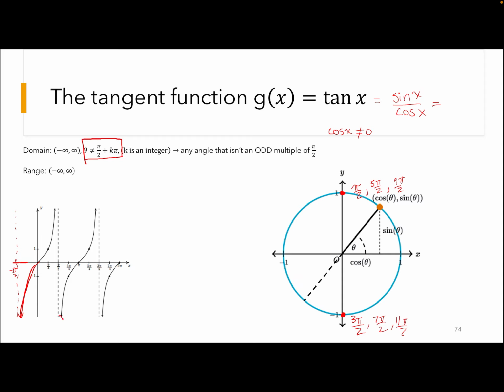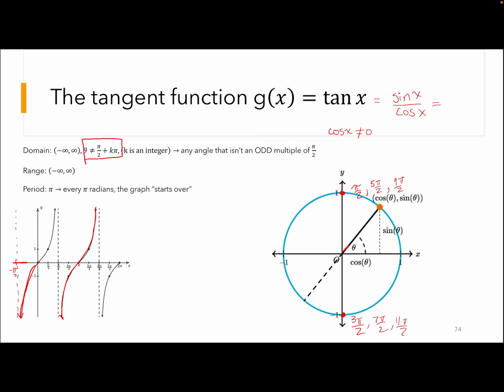Next is the range. As you can see, the graph starts low, goes all the way up to infinity. So negative infinity to infinity is the range. And remember, tangent is the slope of this angle. It's the slope of this line segment here.